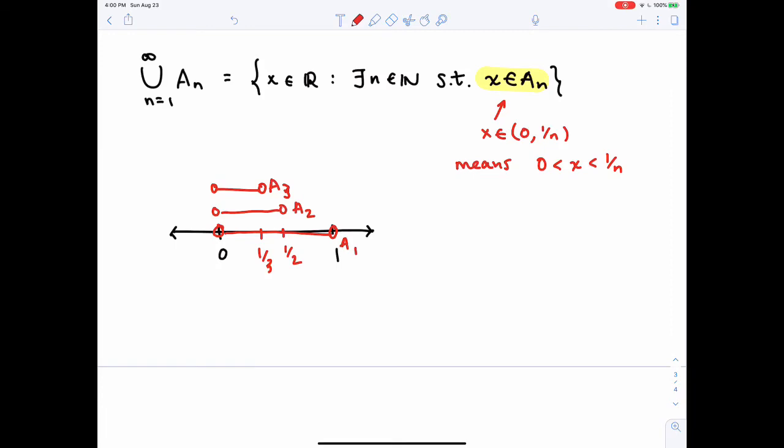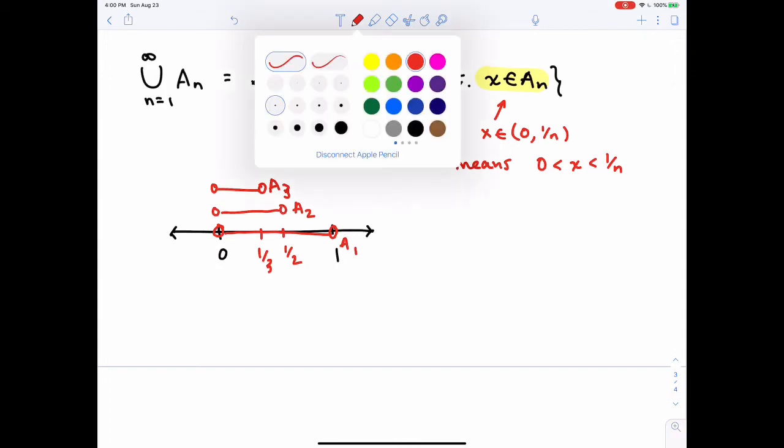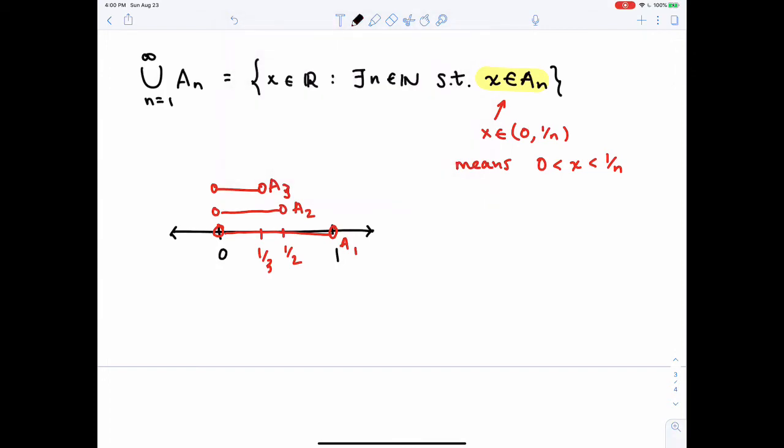I'm only shrinking my set. And that's because, remember, we said these sets are nested. A1 contains A2, which contains A3, which means as I move to the next set in my list, I'm not going to see any new x values that I haven't already seen. So if I want to collect all x values that appear in at least one set, I can just use the set A sub 1 itself.